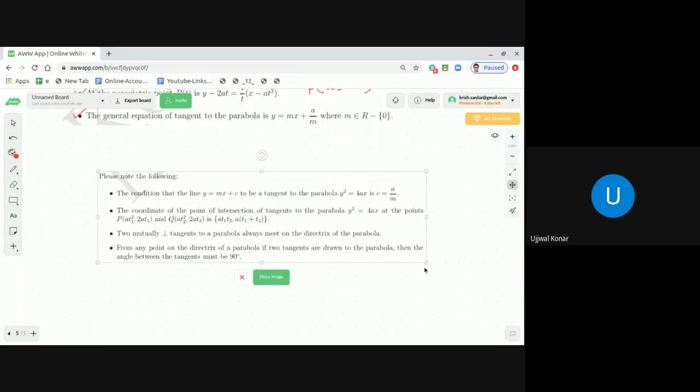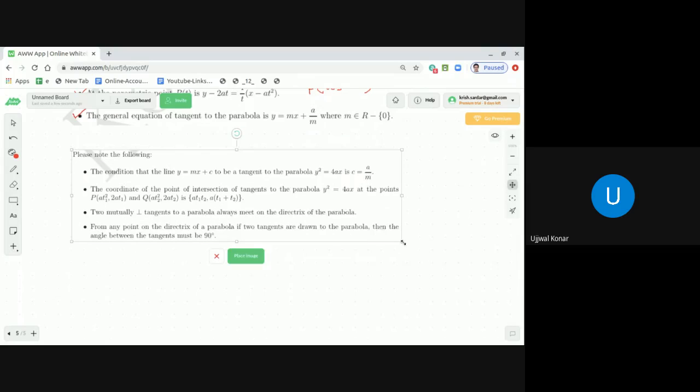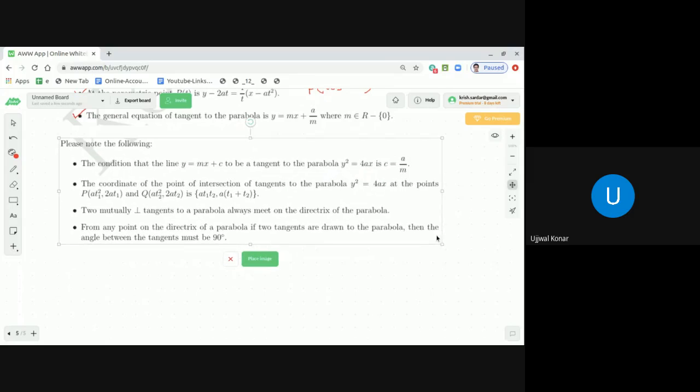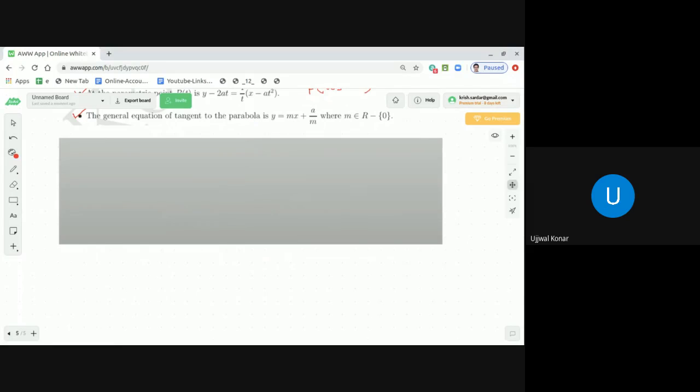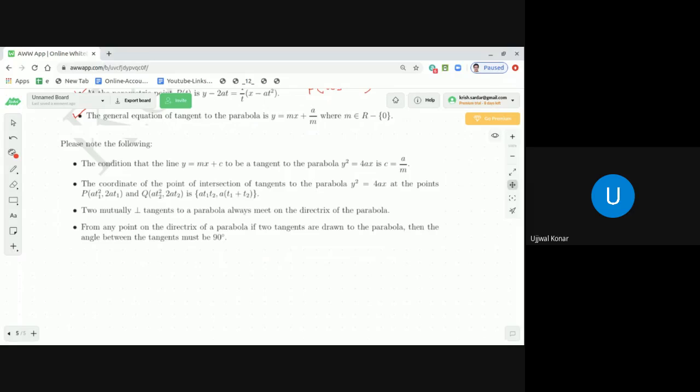The first one is the condition that the line y equal to mx plus c be a tangent to the parabola. Suppose y square equal to 4ax is the equation of a parabola. What is the condition that y equal to mx plus c be a tangent to this parabola? The condition is that c has to be equal to a by m.